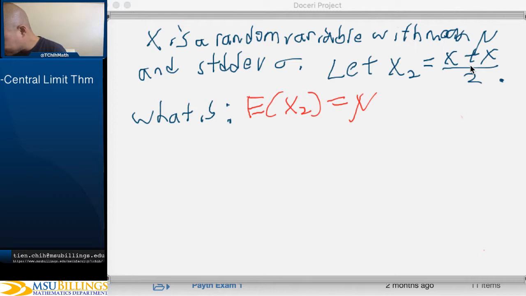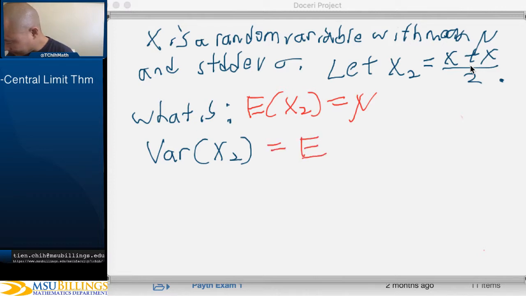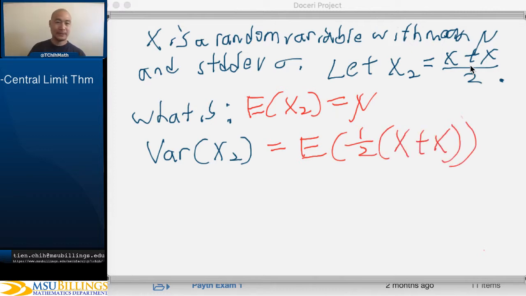When looking at the variance, just like with the expectation, I'm talking about the variance of 1/2 of x plus x. No biggie here.